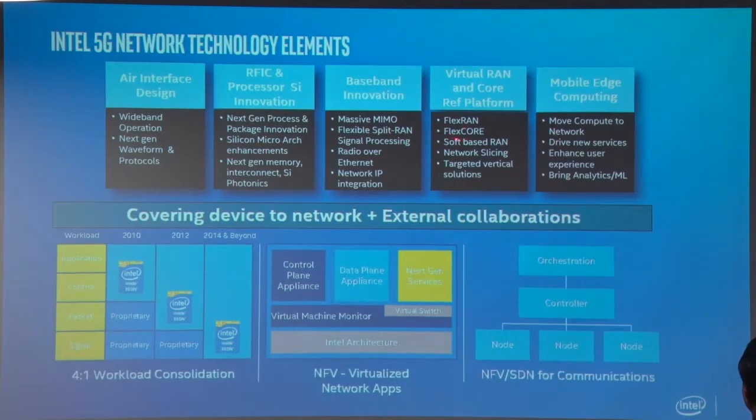Similarly, we are also looking at how do we build the core network usages, whether we talk about the user plane functionalities of a core network. How do we do that in software as opposed to doing that on an ASIC or an FPGA? Those are some of the work that is going on. The soft-based RAN is essentially the software-based radio access. Prototyping for network slicing, vertical solutions.